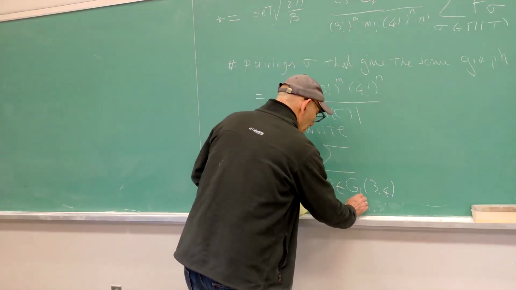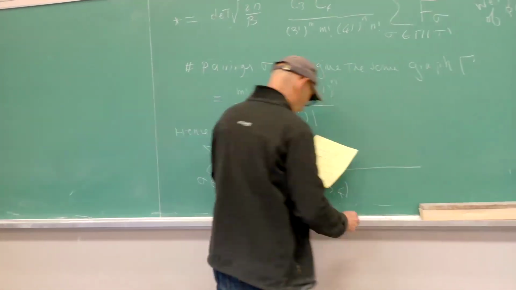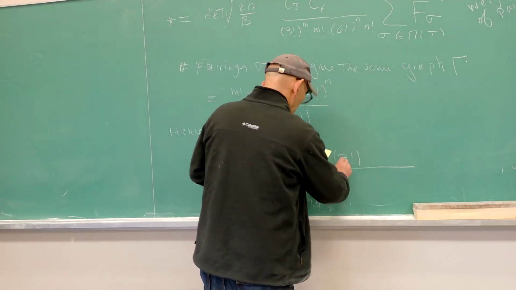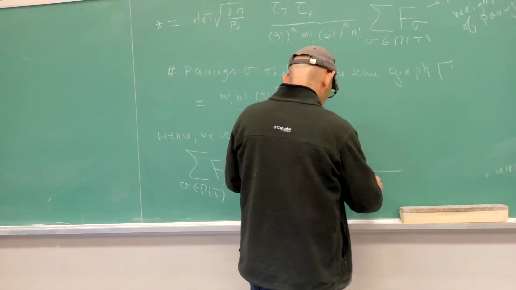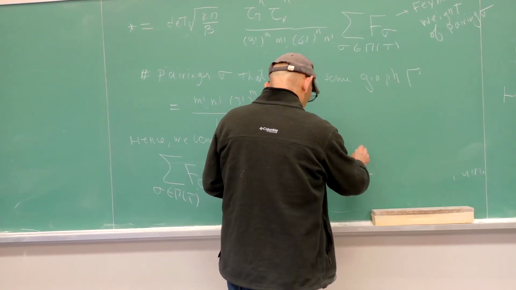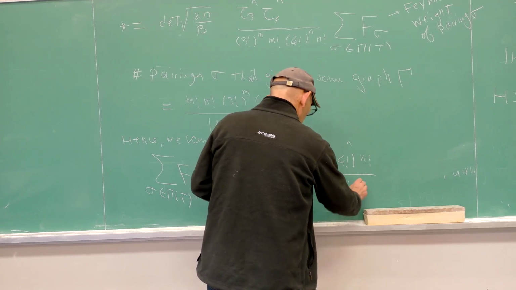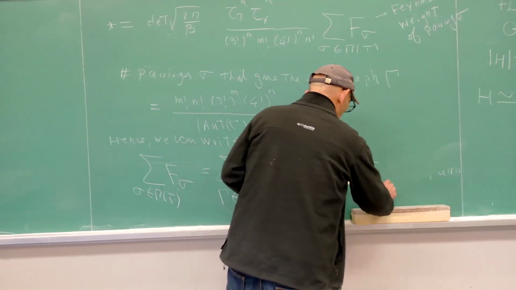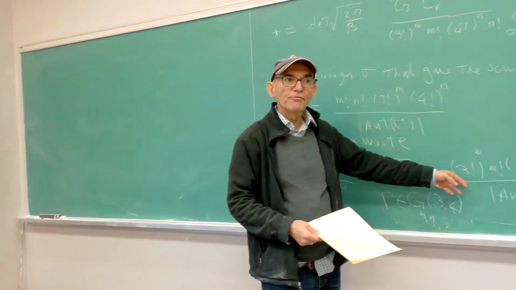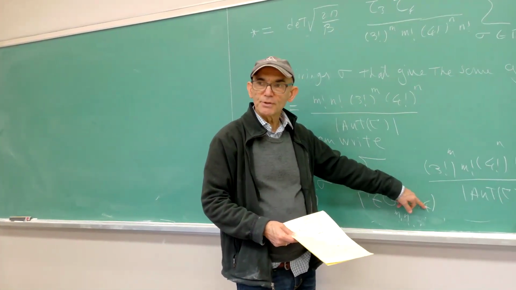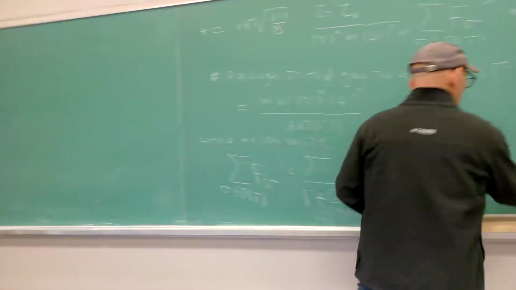I put M and N here, and then I explain what this means, because I didn't want to write a much more general expression as we had before. If you put it into the formula, the numerator cancels the denominator, and only 1 over automorphism remains.